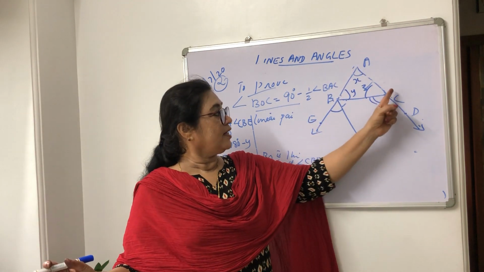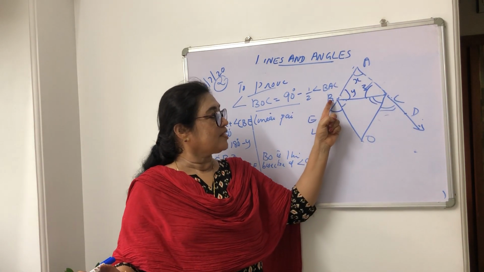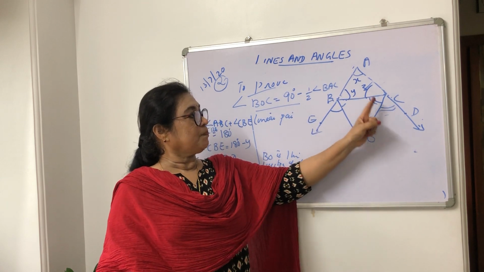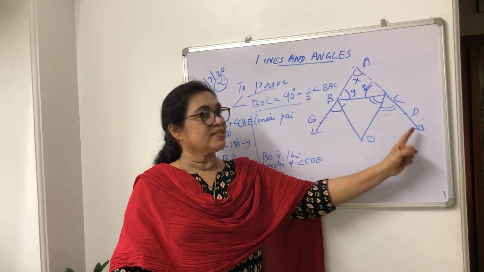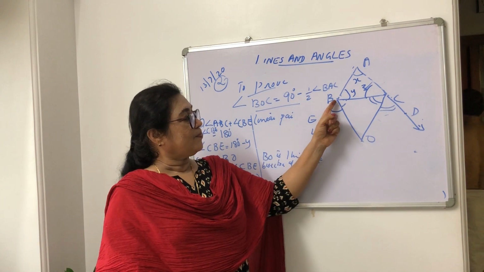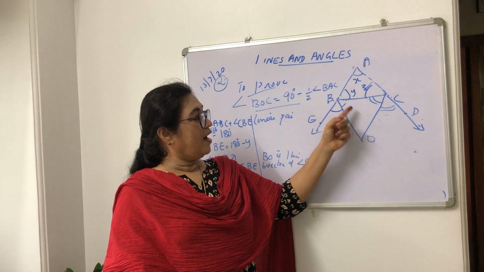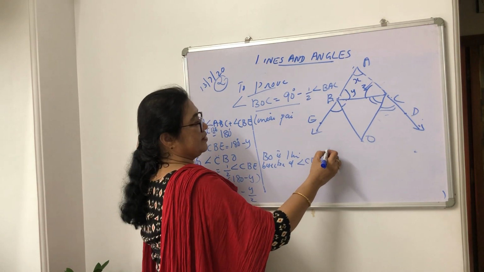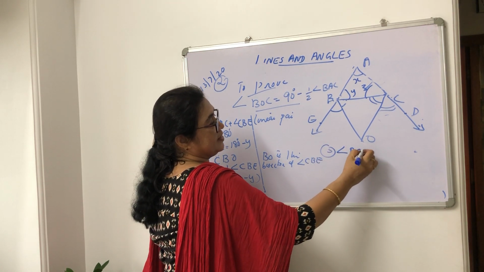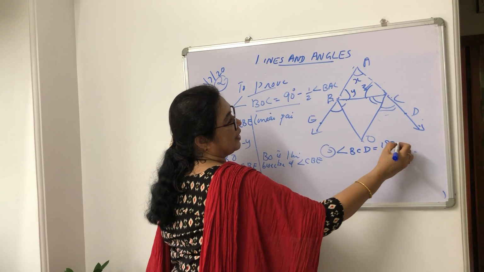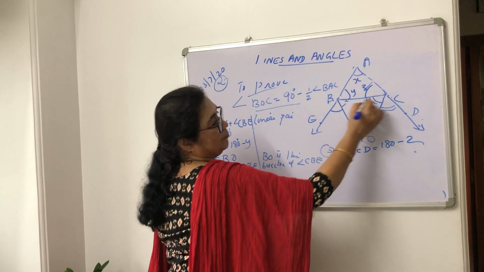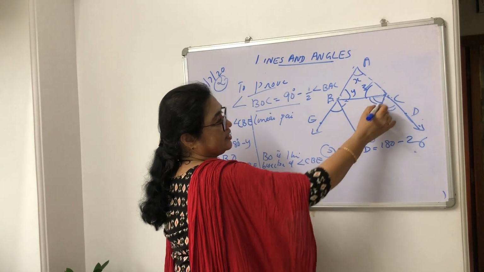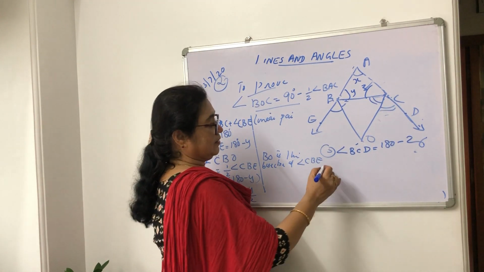Similarly, angle ACB plus angle BCD is 180. Z plus angle BCD is 180. Then angle BCD is 180 minus Z. Then this CO is the bisector.